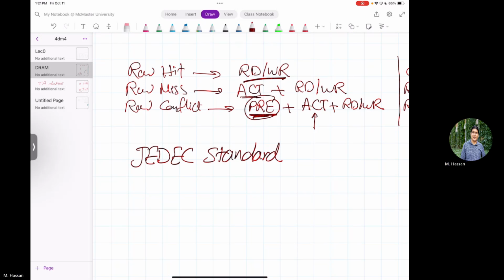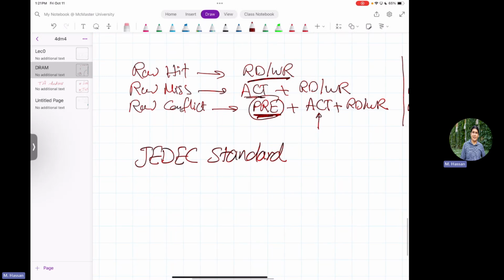Good? So the memory controller keeps track of all this circuitry, which is the bank state: what rows are currently open, and what stage your bank is currently in. Is the bank recharged, idle? Is the bank having data ready in the row buffer? Did you activate a bank, where you brought a whole row, but you didn't do a read or write yet? Based on this, it sends the correct command.